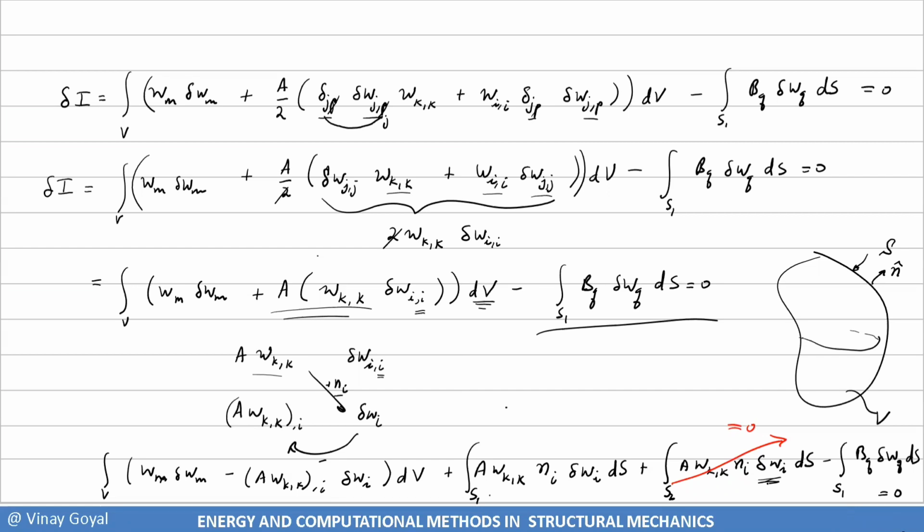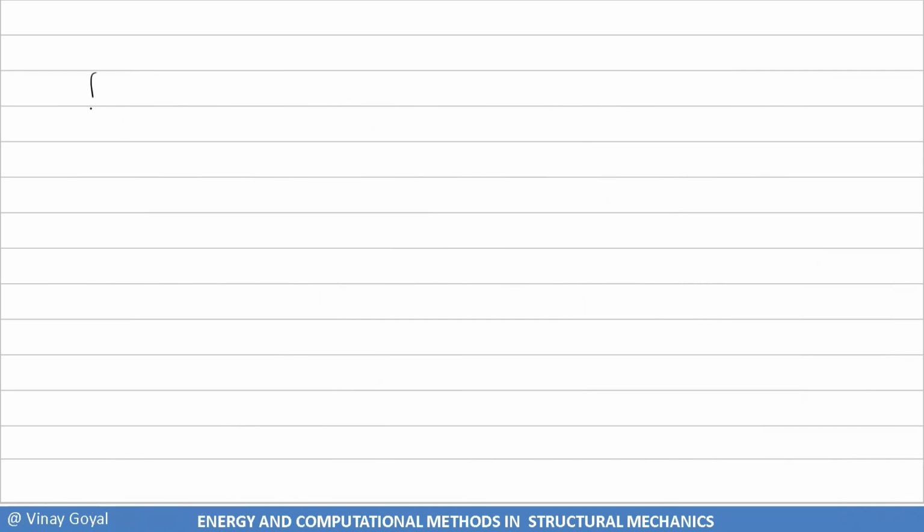So that goes away. But I do have some work to do here, which I want to continue. So let me write in a clean slate what I got: integral volume, Wm, del Wm.